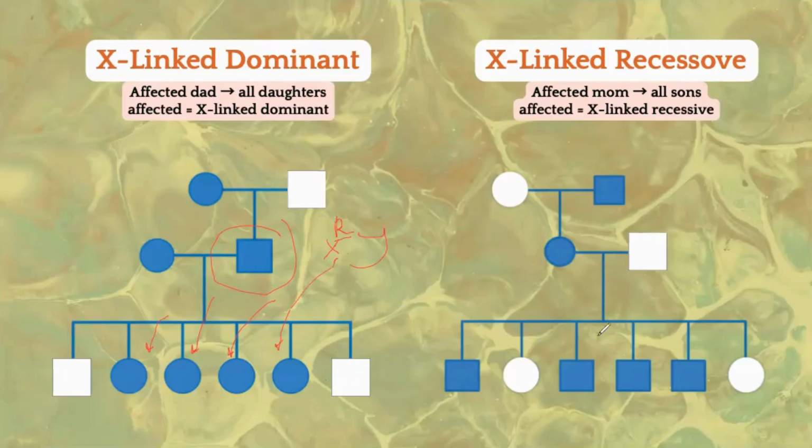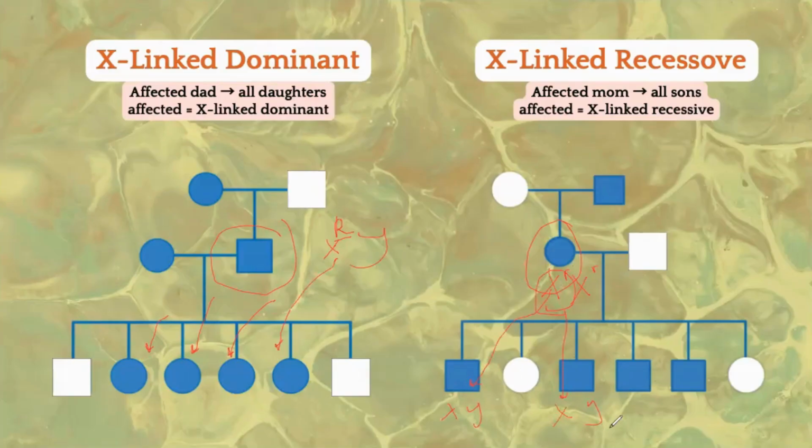So the affected dad always gives it to his daughters, because his only X chromosome is going to be passed along. In contrast, if it's X-linked recessive and you have an affected mother, who has two lowercase r's on her X chromosomes, the sons, who have an XY, can only receive an X from their mother.